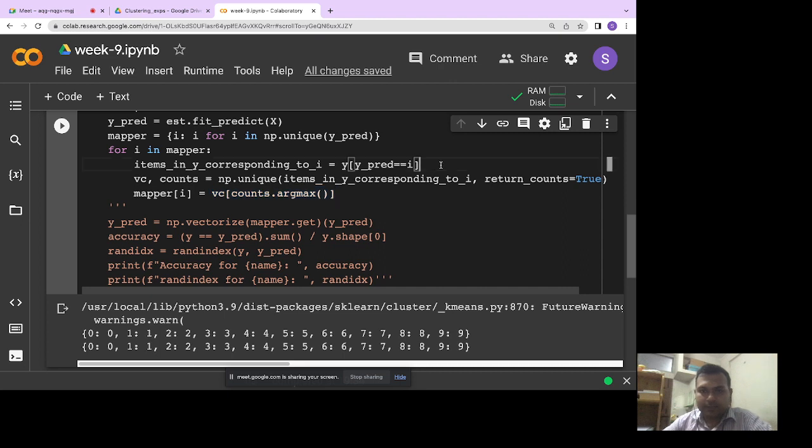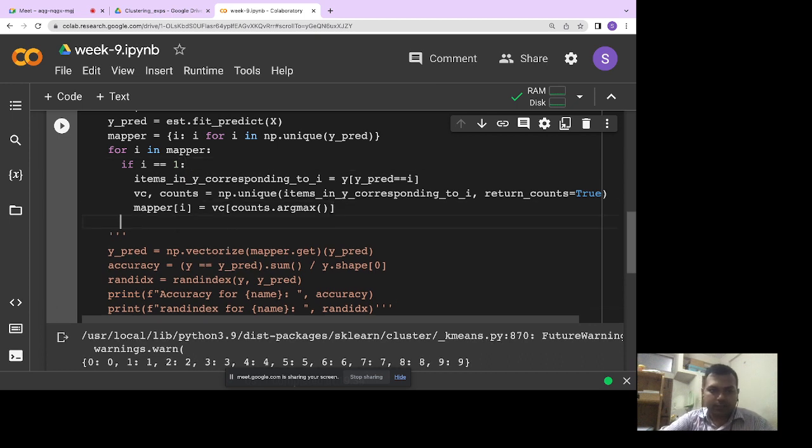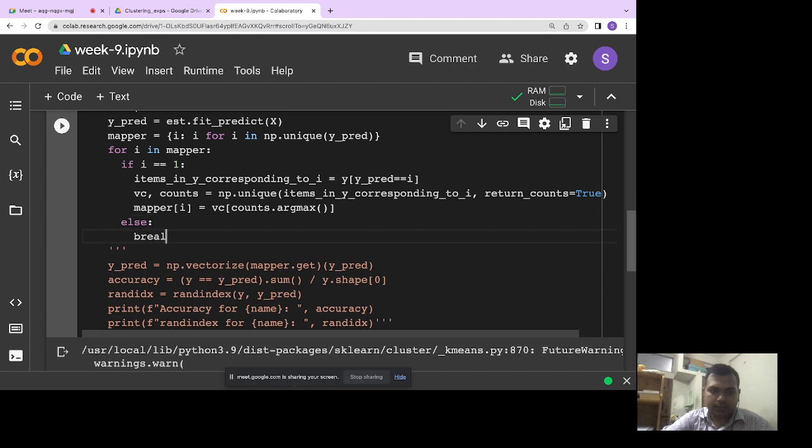Okay, let's just do this and maybe it will be clear. Mapper, okay, it will not work like this. Okay, if i equal to, let's say, 1, else break.